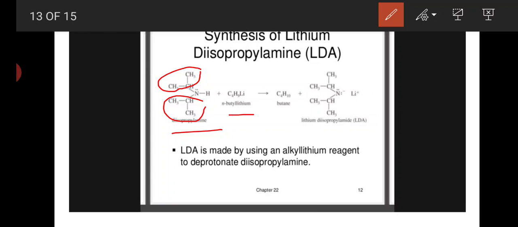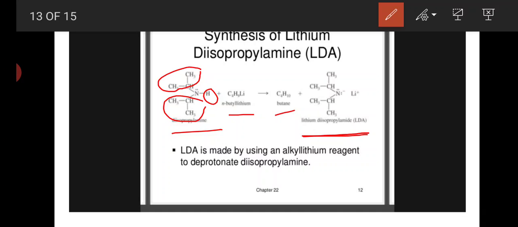Here C4H9Li: C4H9 is a butane chain, and this butane chain has lithium metal, so it is n-butyllithium. Diisopropylamine reacts with n-butyllithium to form n-butane and this compound, lithium diisopropylamide, LDA.